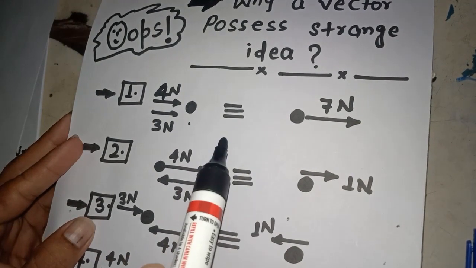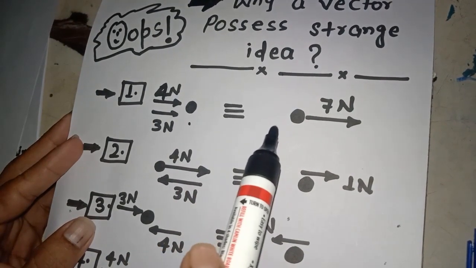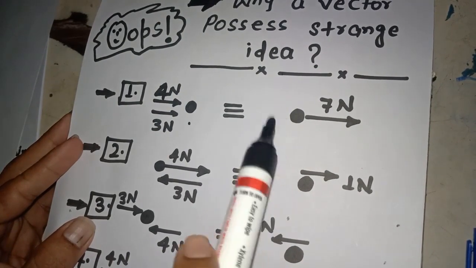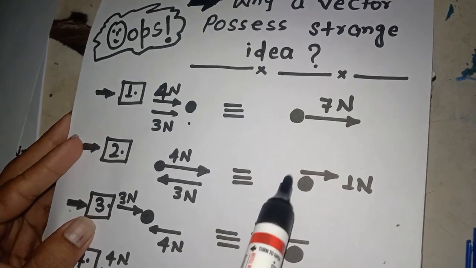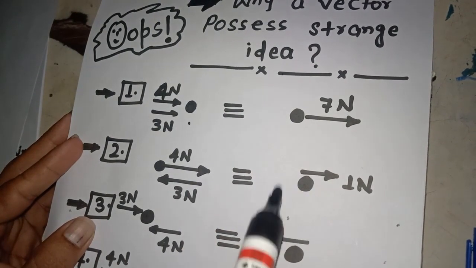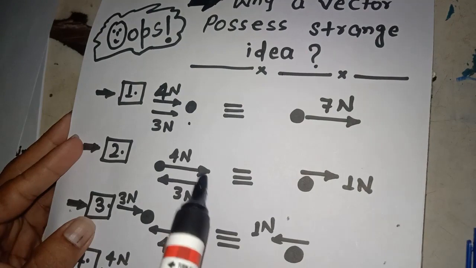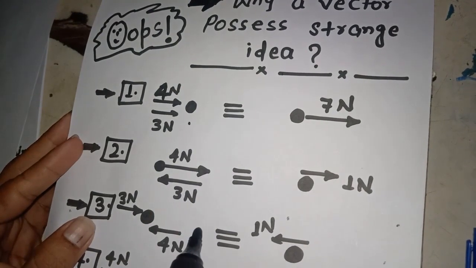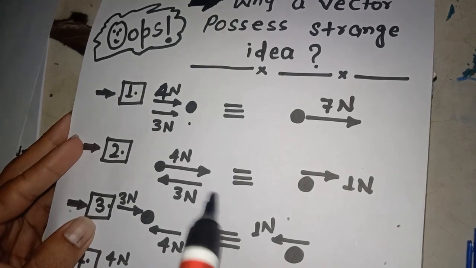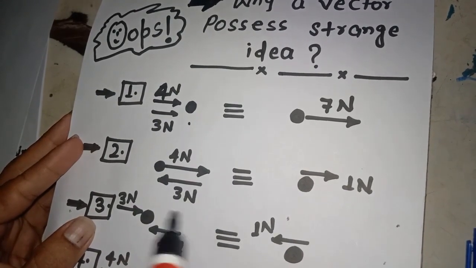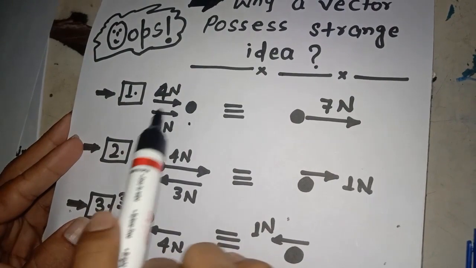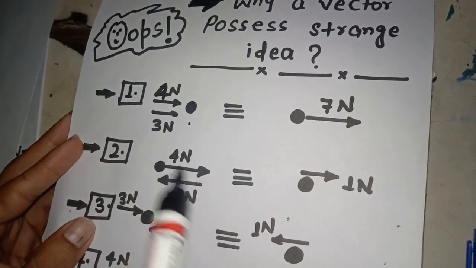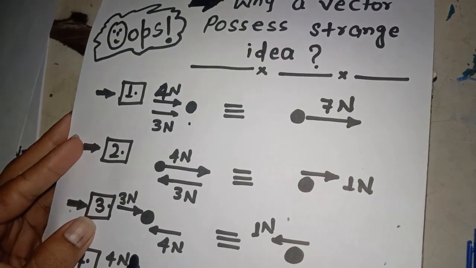Here the ball will be faster if we take velocity, and if we take force, it has greater force and it can create more disaster to you than this effect. So here the combined effect of 4 and 3 becomes 1. This is very strange because it depends on direction. Here the direction is the same, then the combined effect is added. Direction is different, the combined effect is subtracted.